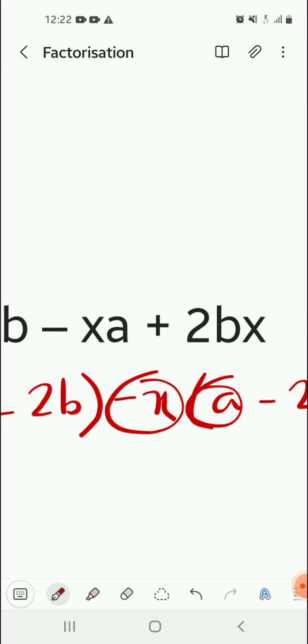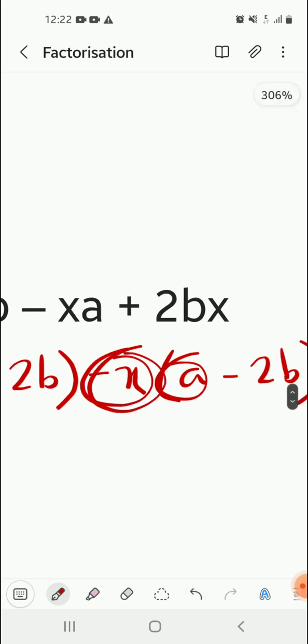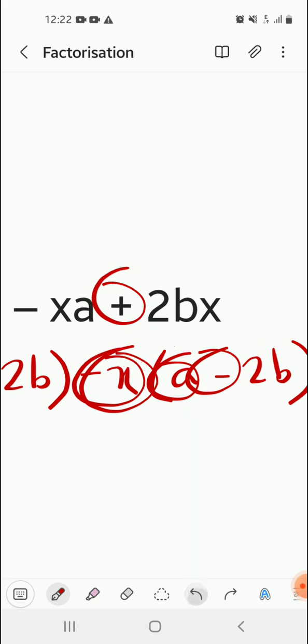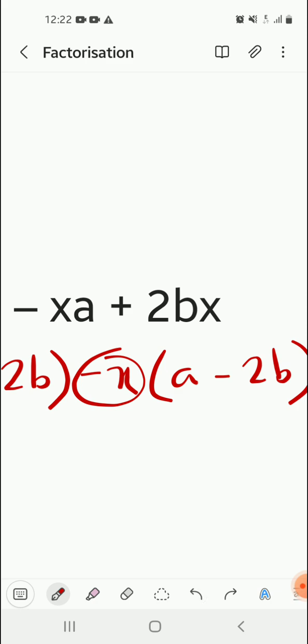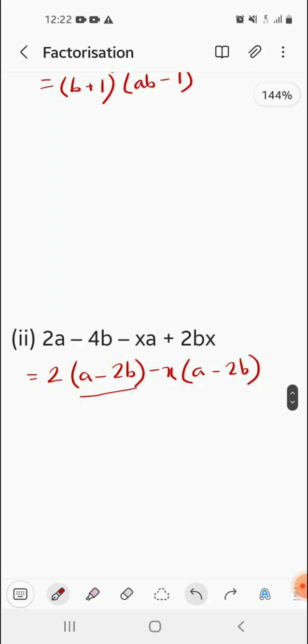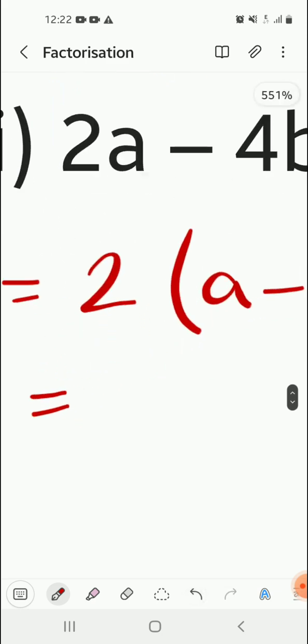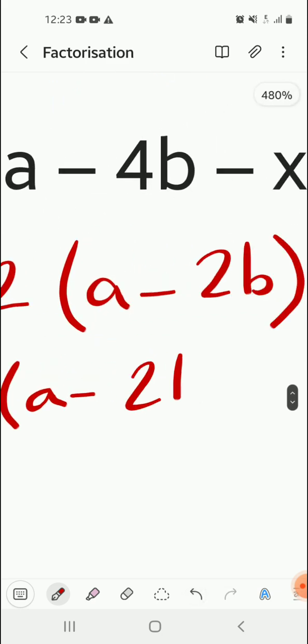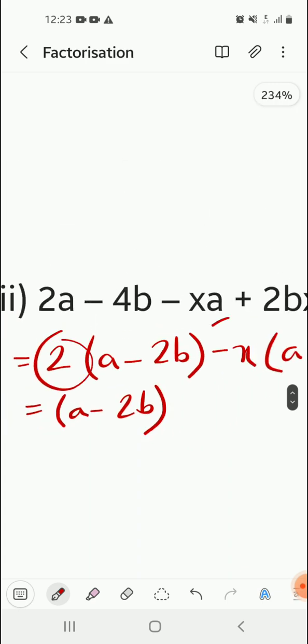So that minus x into a becomes minus xa, and minus x into minus 2b becomes plus 2bx. Now we're going to take the common factor, that is a minus 2b in both the cases. And here 2 minus x.